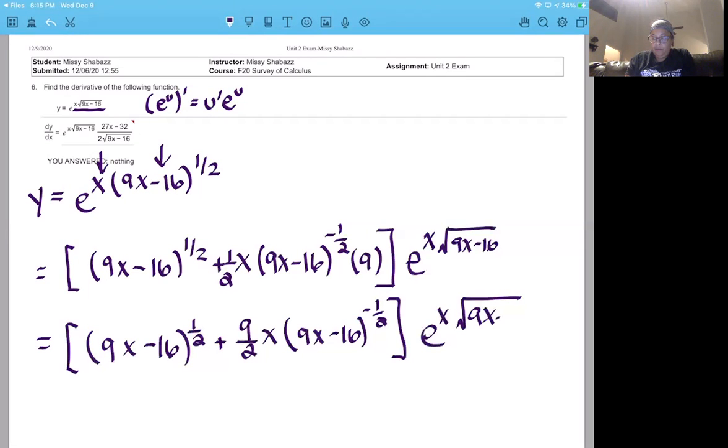And just a reminder to make sure that you have these brackets or parentheses, it doesn't matter, but if you don't have those there, then this part right here, the original exponential function, is not going to be multiplied by both terms. All right, so make sure those are in there.